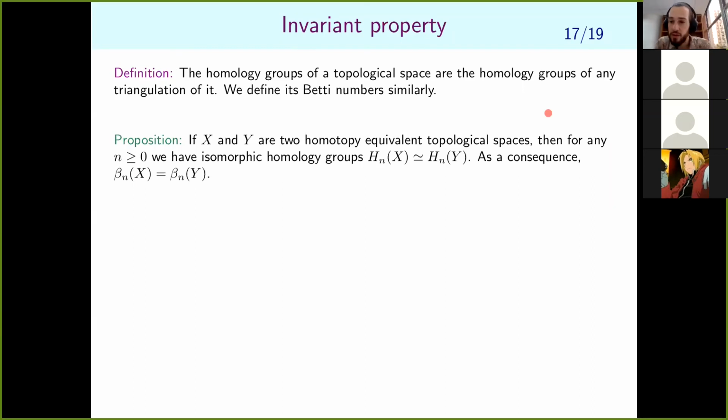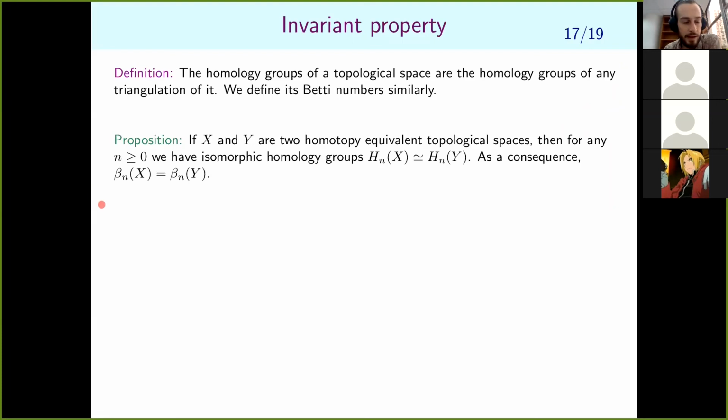And again, unfortunately, we won't be able to prove that in this summer course. But the usual way of proving this is by defining another kind of homology that is called singular homology. Well, let us accept that we can define homology groups of topological spaces. We can also define their Betti numbers as the dimension of their homology groups.